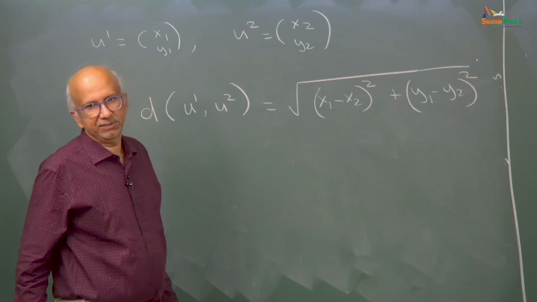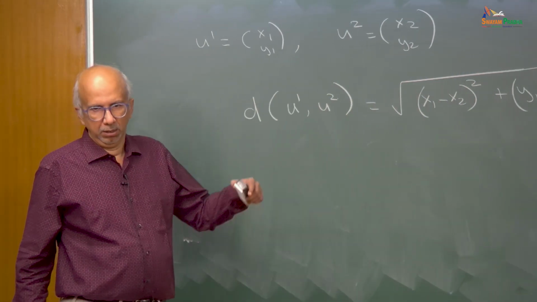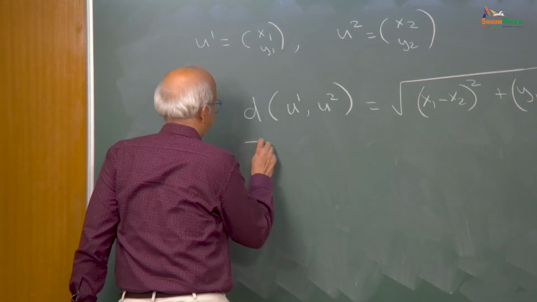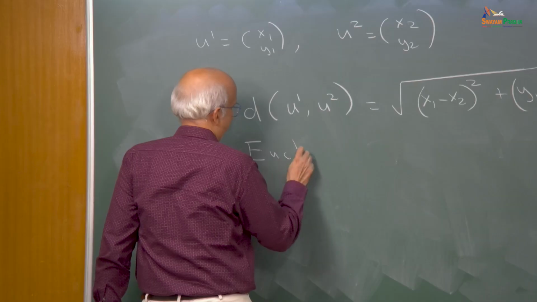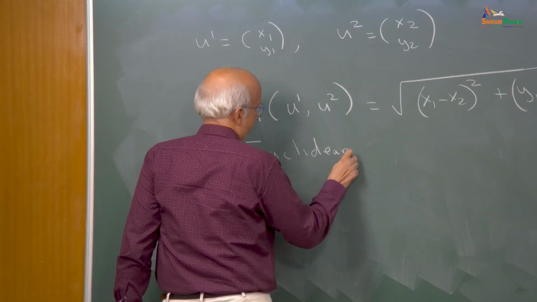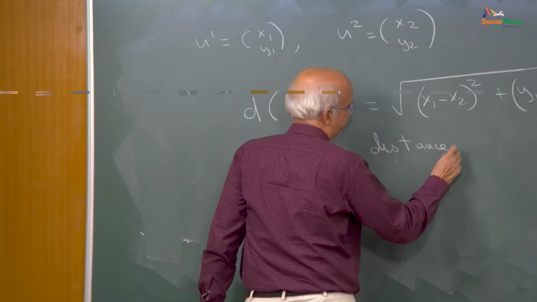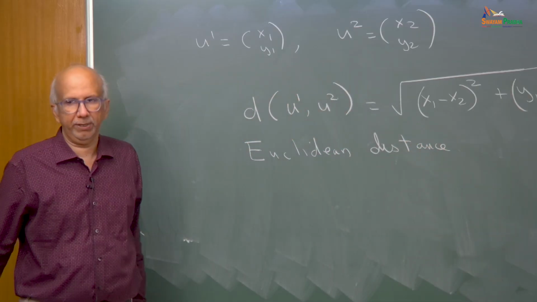This is the distance which you are comfortable with, and this is called the Euclidean distance.